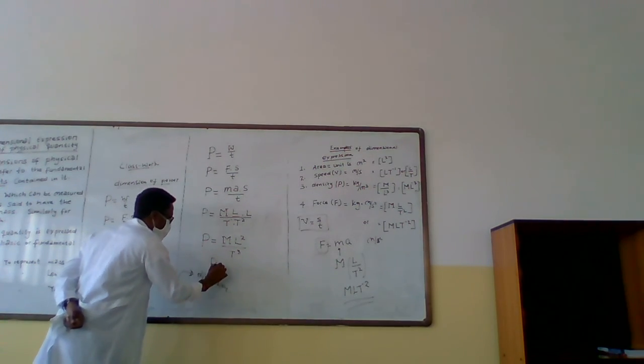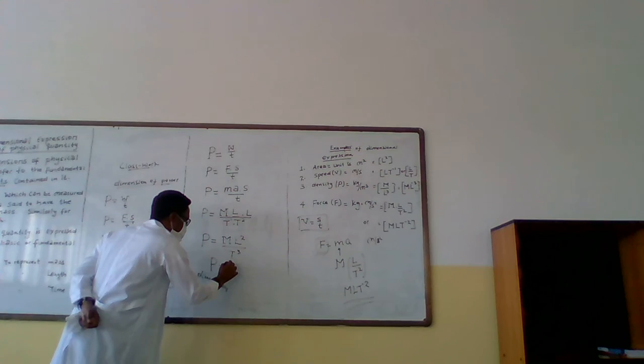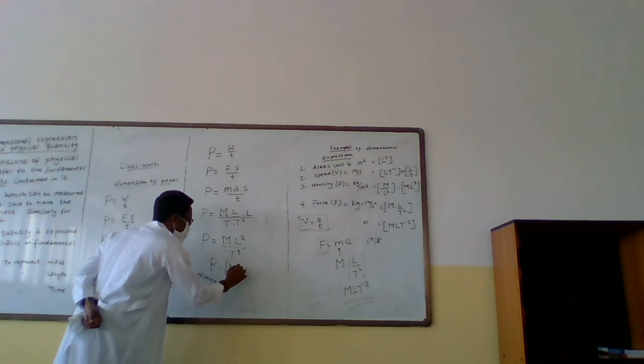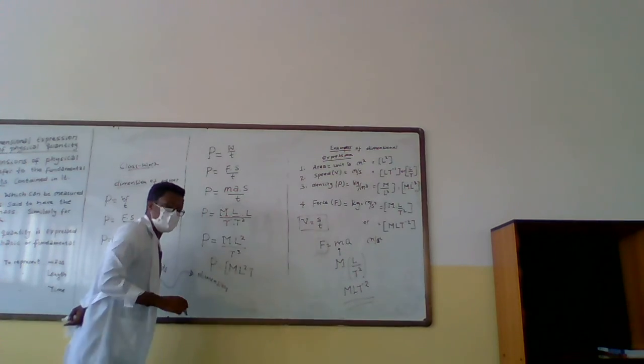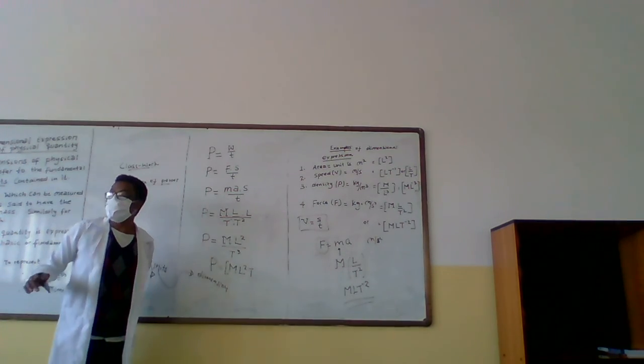So the dimension of power becomes M, don't forget the bracket, L squared over T cubed.